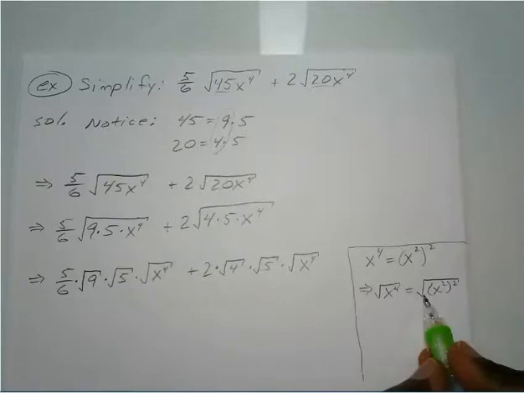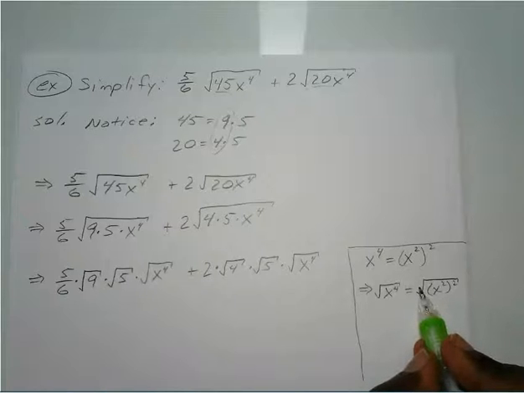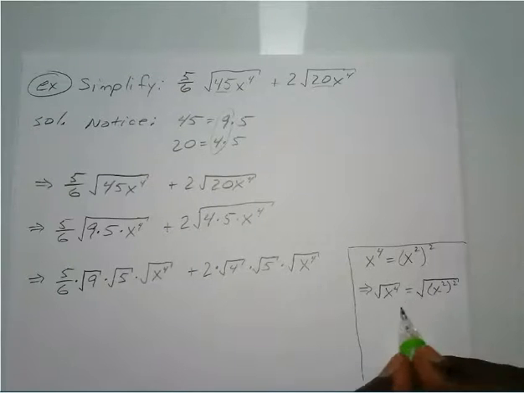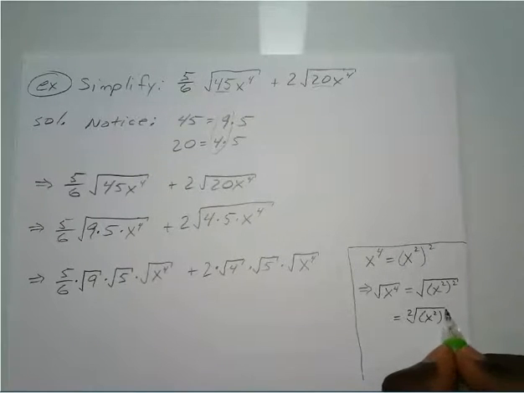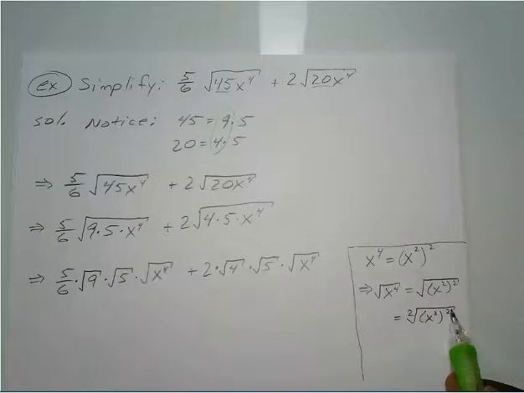All right. So remember also that when there's no index, it's assumed to be a 2. So if we rewrite that as the square root of x squared squared, this exponent cancels out with that index. Or you can use this exponent and that index, doesn't matter. I just use the one on the outside. Okay, so those cancel out, and this is your answer, which is x squared.